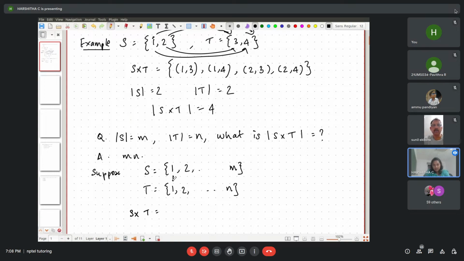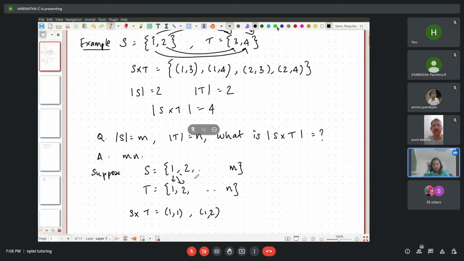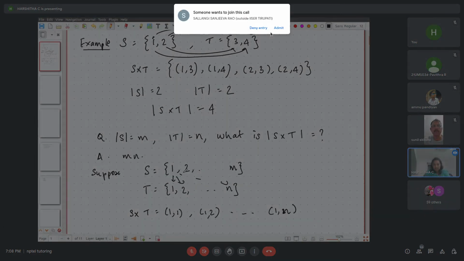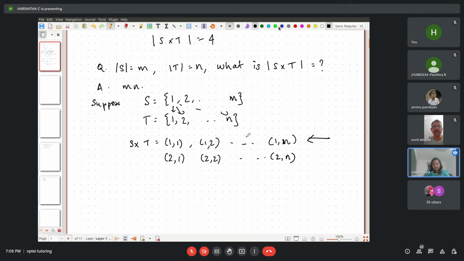We're taking the tuples (1, 1), (1, 2), and all the way up to (1, N). Then you do the same thing with the second element of S. So you go (2, 1), (2, 2), all the way up to (2, N).